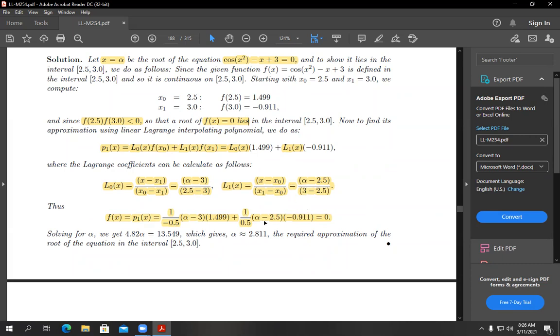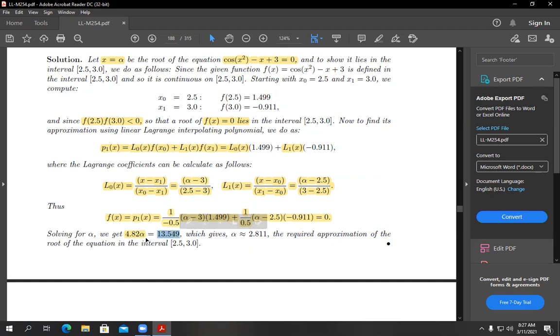So we have this one, multiplied with f of x1 and f of x0. And we have this after putting the values in the formula. And then we put f of x equal to 0, because this is always the condition of the nonlinear equation: f of x must be equal to 0. When it is 0, you have to simplify and separate your alpha, with alpha on the right hand side.